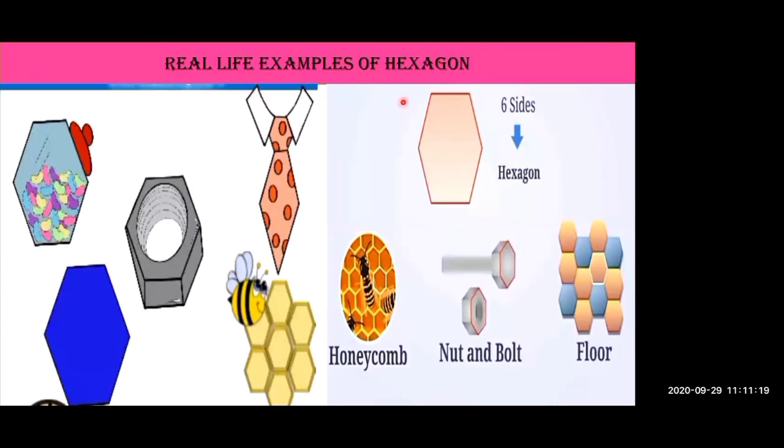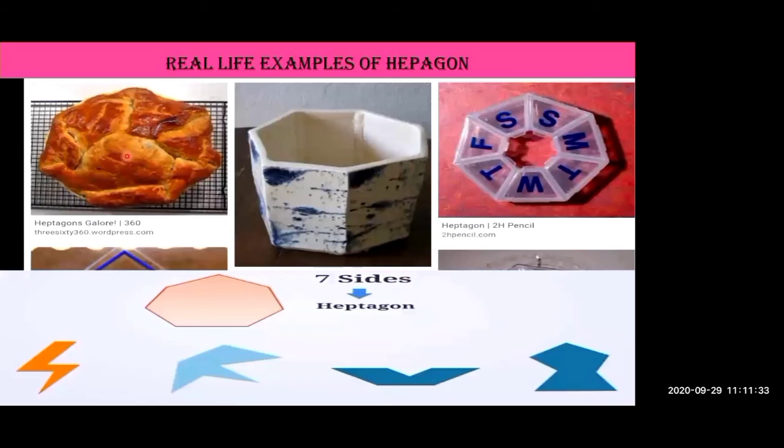Real life examples of hexagon. Honeycomb, nut and bolt, floor design blocks. Now, real life examples of heptagon. 7 days of a week: Monday, Tuesday, Wednesday, Thursday, Friday, Saturday, and Sunday.